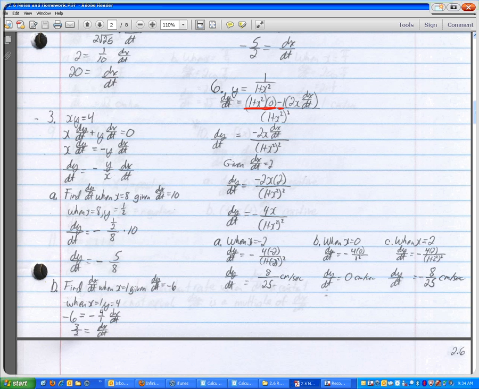The derivative of x squared is 2x times the derivative of x, because x is a function of t. They told us it is. So it's 2x times the derivative of x over the bottom squared. So you with me with that first big red check mark?